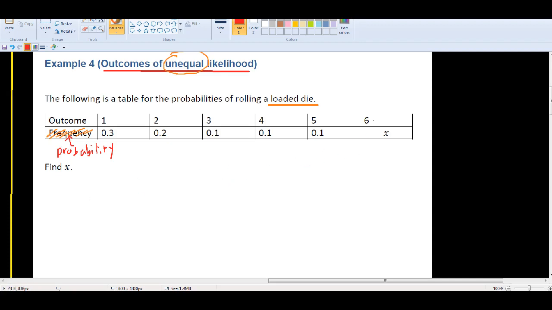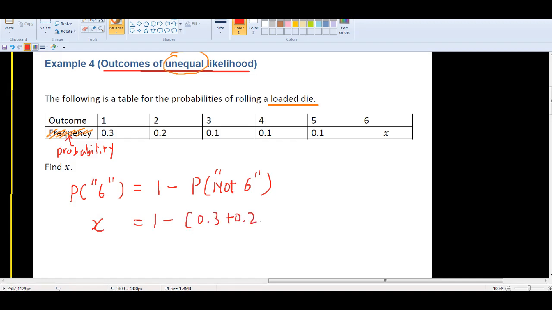In that case the event is 6. So probability of getting 6 equals 1 minus probability of not getting 6. Let's say probability of getting 6 is x, probability of not 6 would be the rest of them, and you need to take away all the numbers, adding them together.